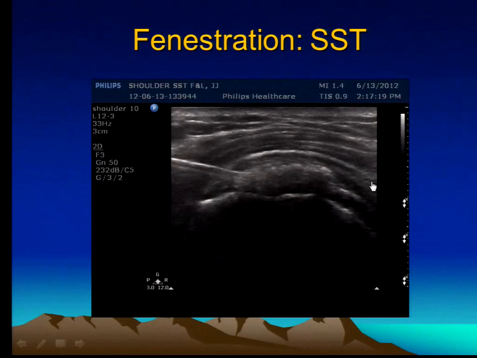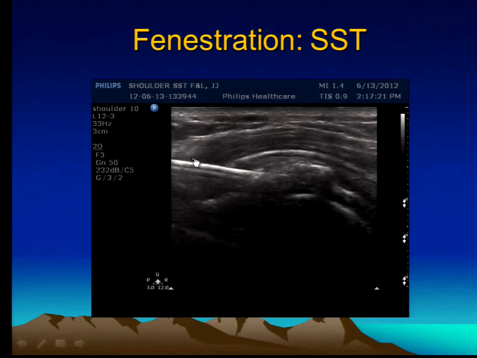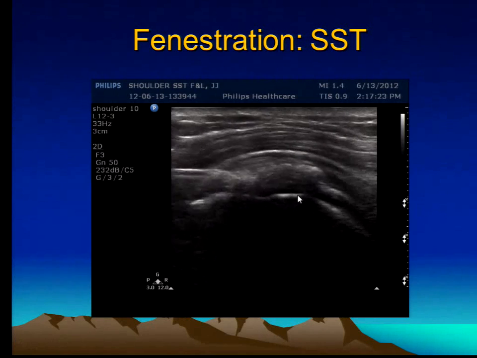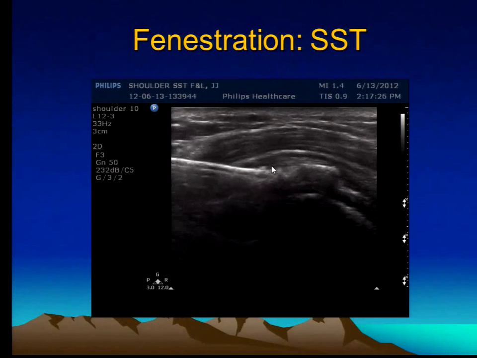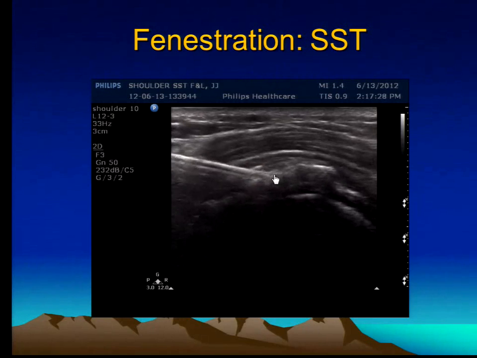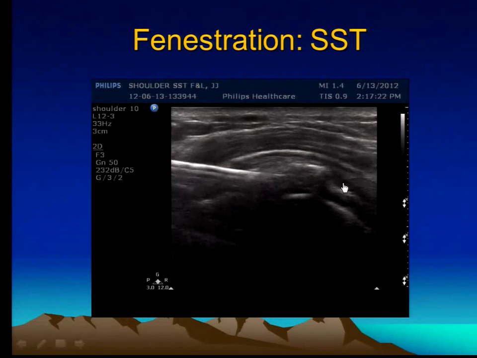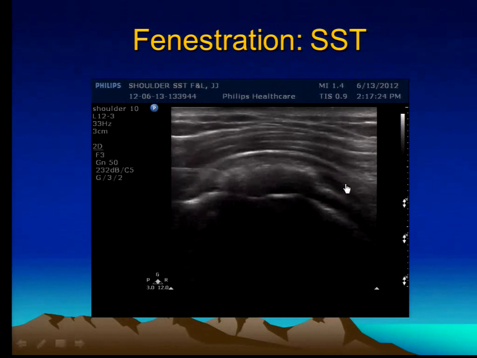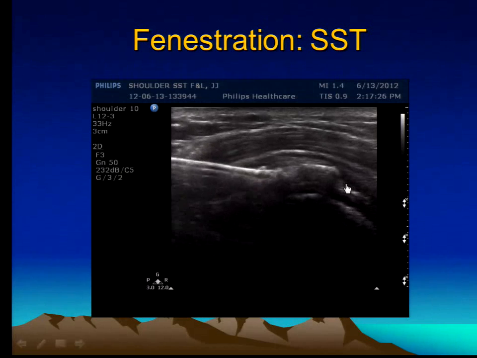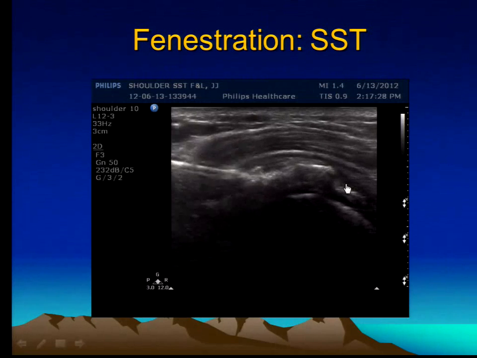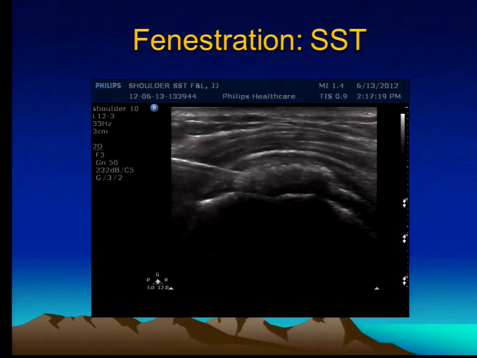Now, this is one of my patients, and here I'm putting a large needle. You can see the calcium right here, and see how the needle just kind of pops in there, and think of it like a pick on ice, and you just pick, and you go back and forth, and you fractionate this little thing.